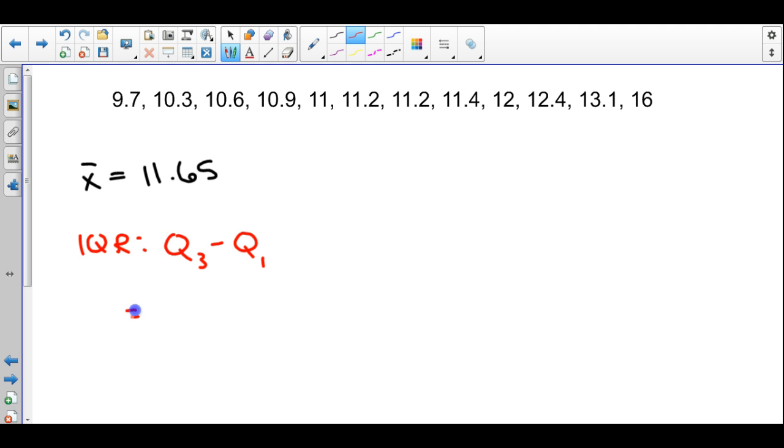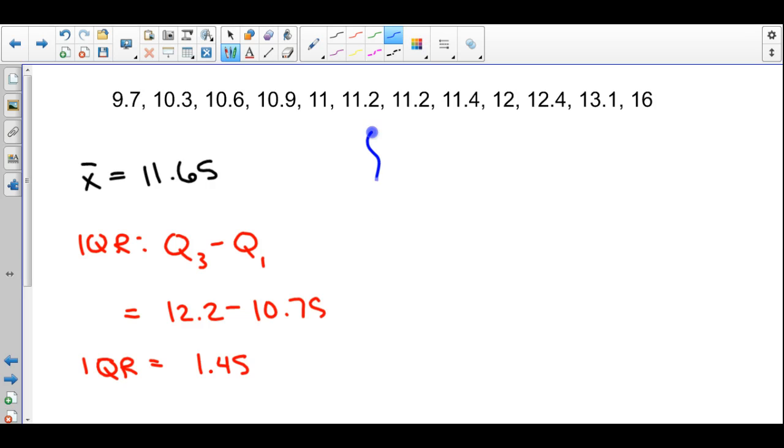So this is where 50% of your data is going to lie between these two numbers. Our third quartile was 12.2, and the first quartile was 10.75. If you take 12.2 minus 10.75, we get an IQR of 1.45. So that is the interquartile range. It is the distance from your first quartile to your third quartile. And we are going to use that to identify our upper and lower fence.